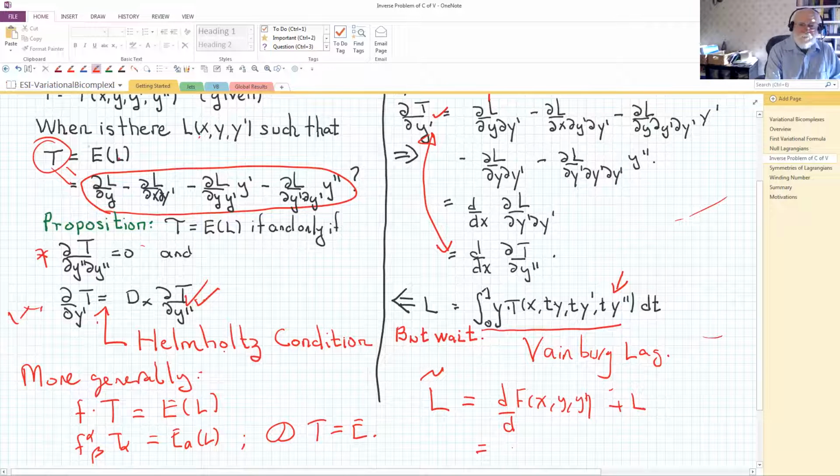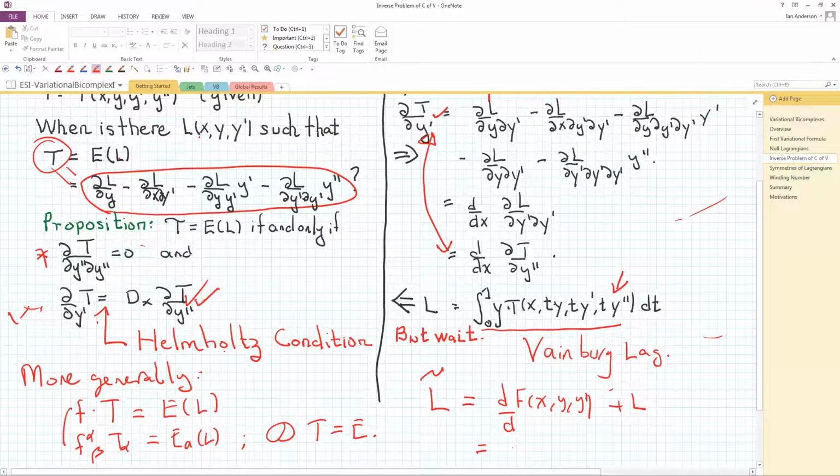This is called the simplest version of the inverse problem. In my lecture tomorrow, I'll talk a little bit about this problem in the case of ODEs. Okay, thank you.